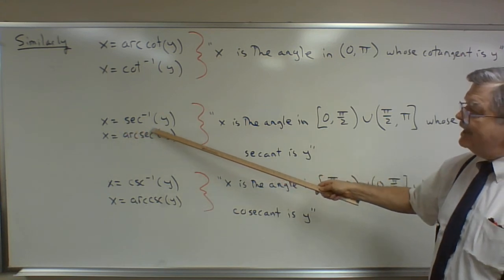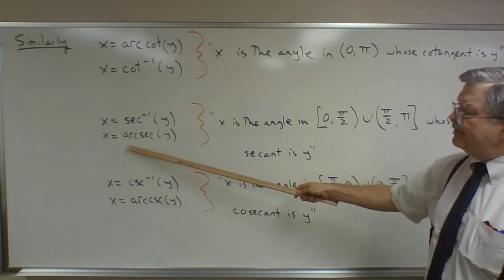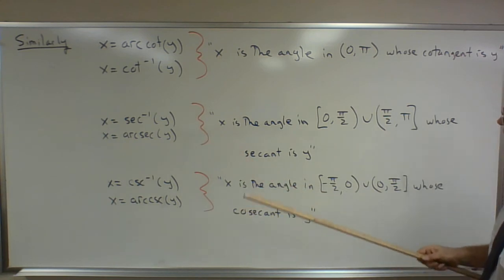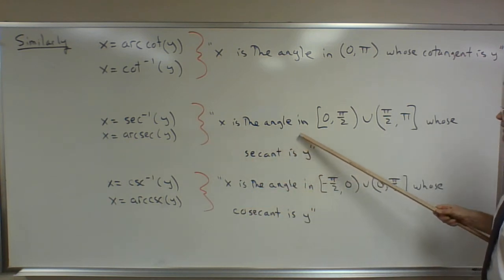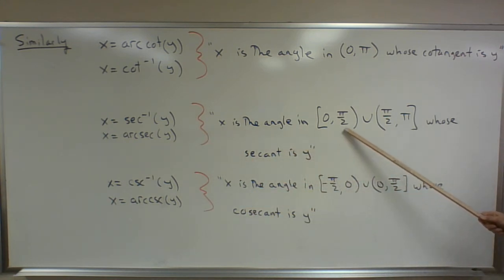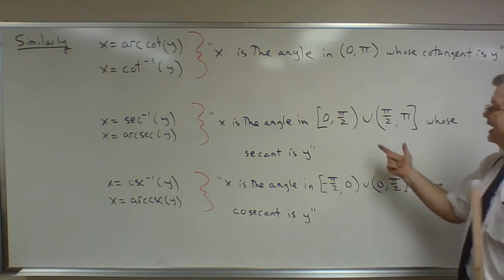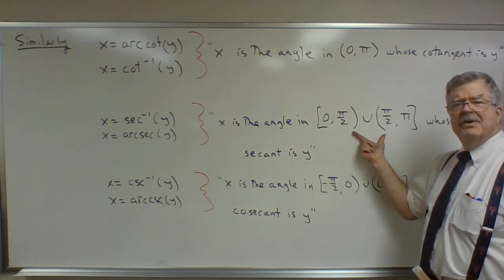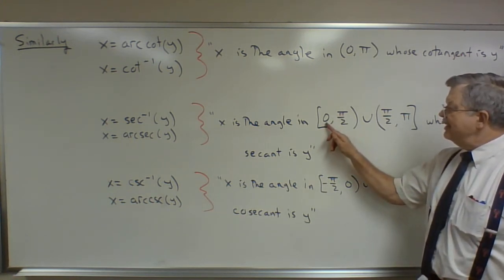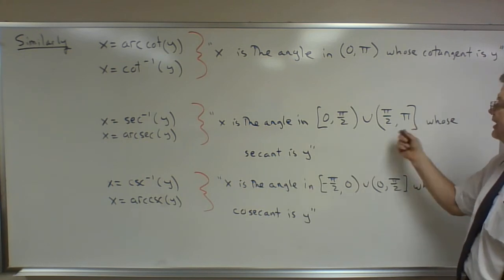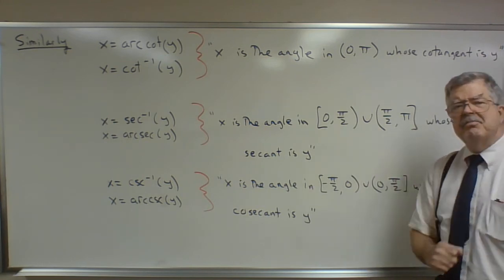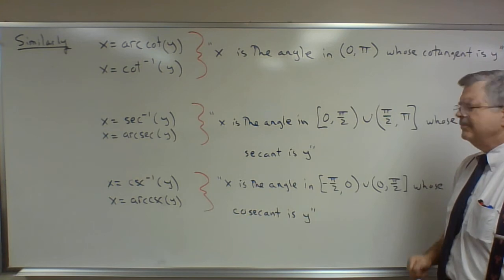X equals secant inverse of y, or x equals arc secant of y. X is the angle in the interval from 0 to pi over 2, or pi over 2 to pi, whose secant is y. Now you notice to get these two disjoint intervals, all we did was we took the interval from 0 to pi and we removed the point pi over 2.